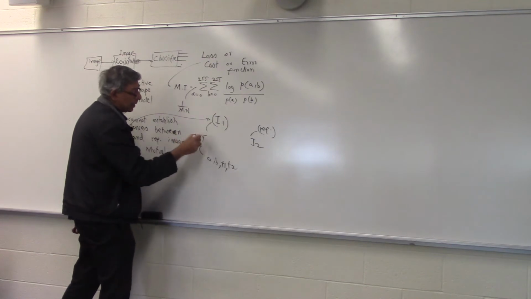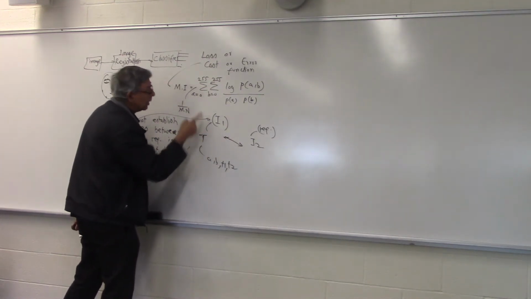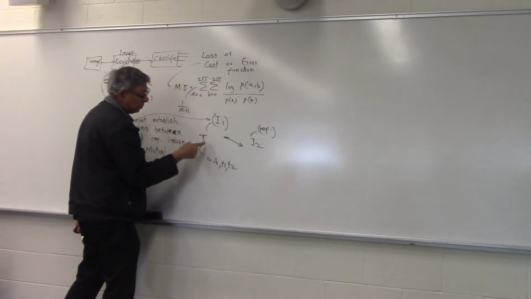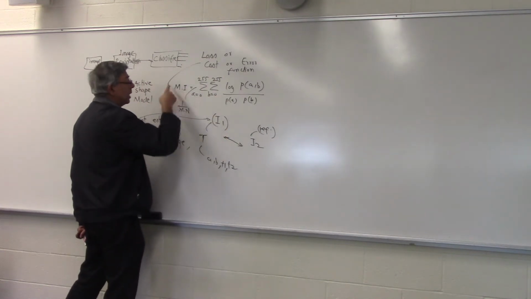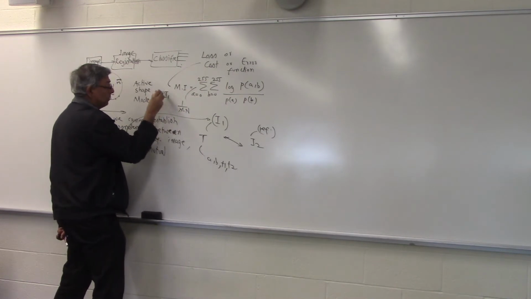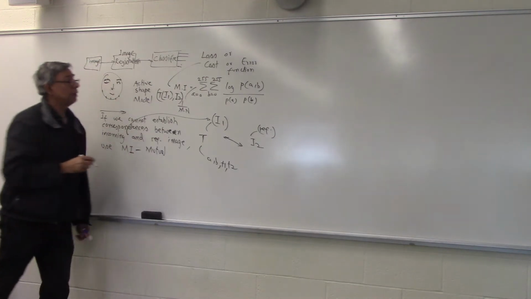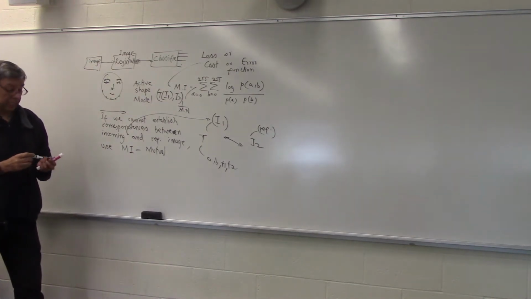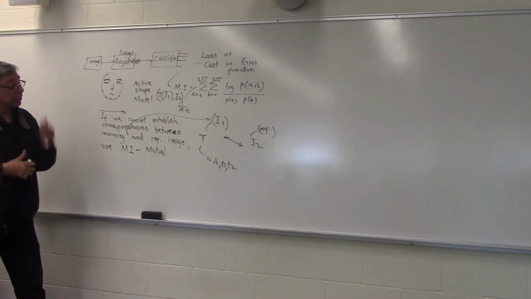So the idea was, for this cost function, we apply the transformation to I1 and compare it with I2. Then we compute the mutual information with transformed I1 and I2. If it produces a low value, then that transformation is the one that is registering the two images, right?